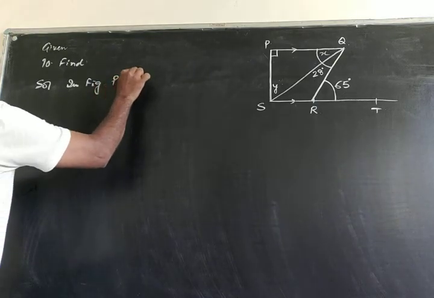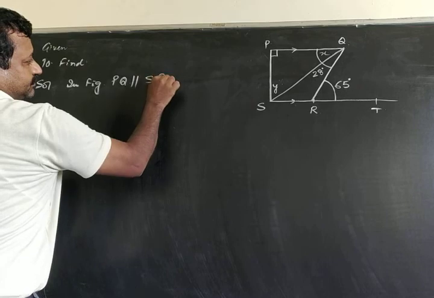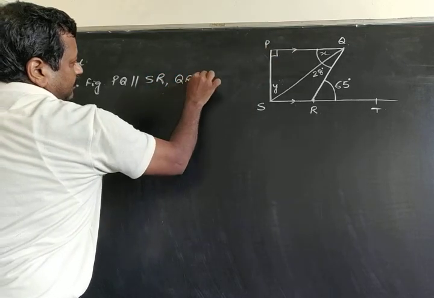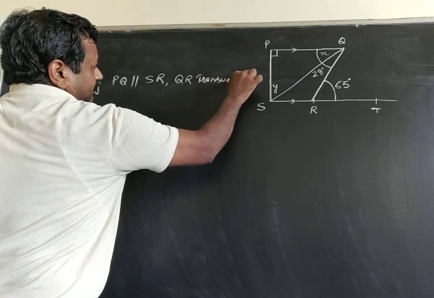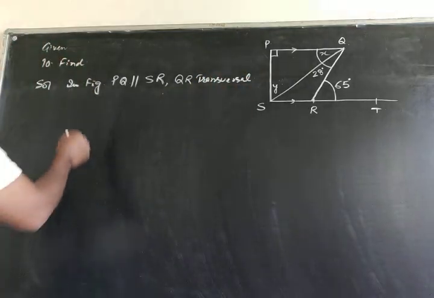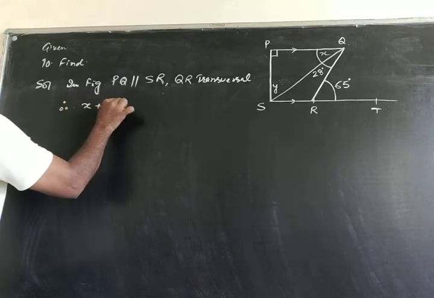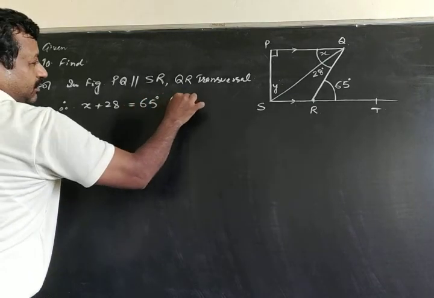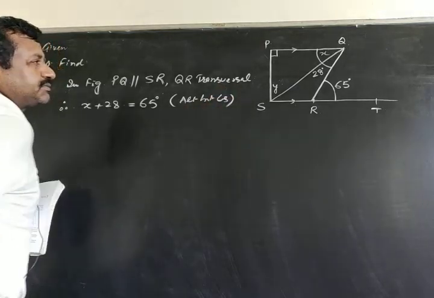PQ parallel to SR and QR transversal. So therefore X plus 28 is equal to 65 degrees, alternate interior angles.